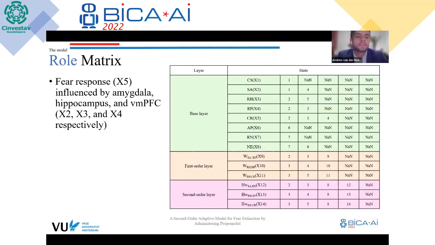And so looking at the role matrix, we can see here that the second order layer is affected by the norepinephrine state, state 8, and that the first order layer is in turn activated by the second order layer, and that leads to the affection of the hippocampal and the ventral medial prefrontal cortex state.